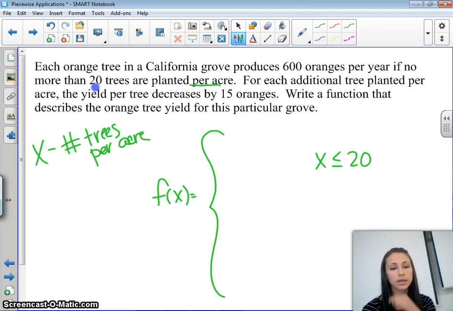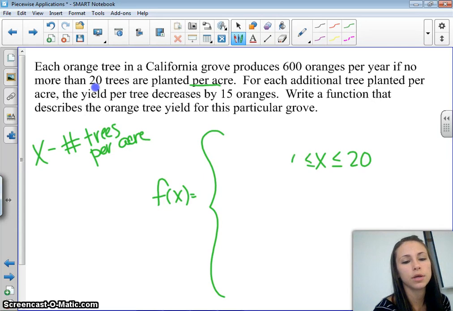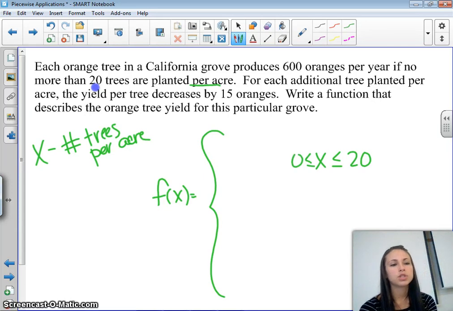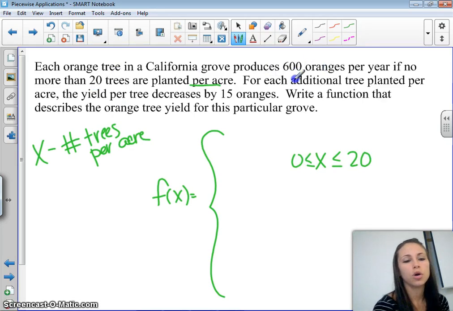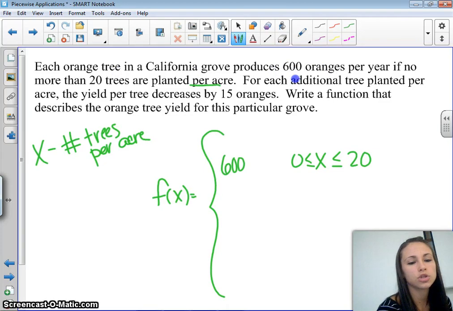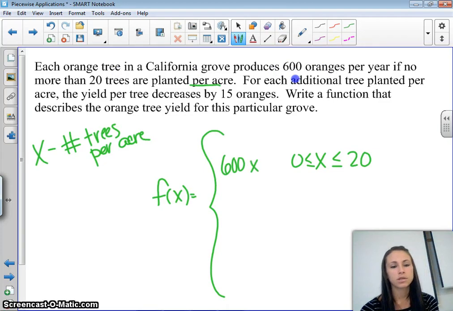Alright, so we couldn't plant a negative number of trees, so I would also put 0 on this side. So if the number of trees is between 0 and 20, each tree is going to produce 600 oranges. So I would say 600x here. So 600 per however many trees I have in that acre.